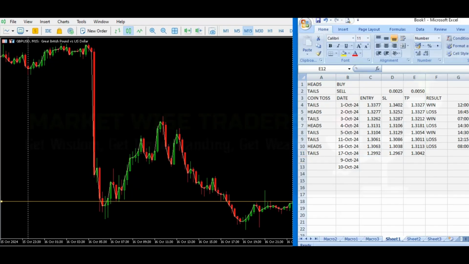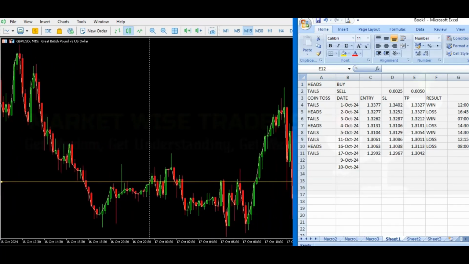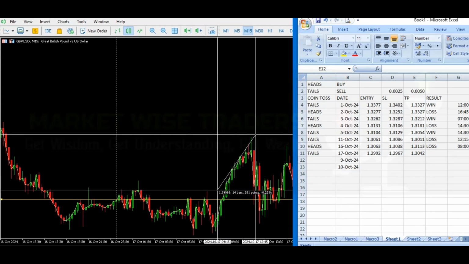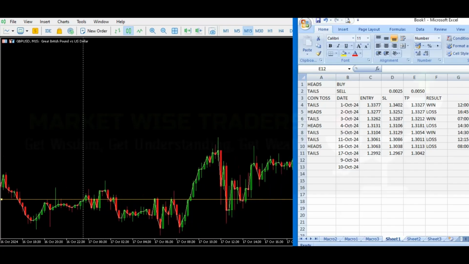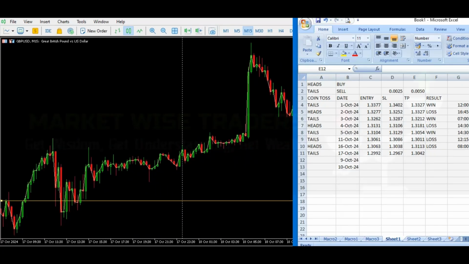Okay, let's see what happens. How many pips is that? I don't think it's quite there. No, it's about 30 pips. Into the next day, okay, that's definitely TP hit.